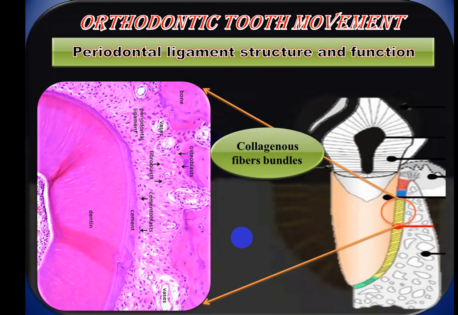They consist of different types according to their position, but all of them are parallel bundles, embedded in the cementum of the tooth on one side and in the alveolar bone of the bony socket and lamina dura on the other side. Their role is fixation of the tooth within its socket.